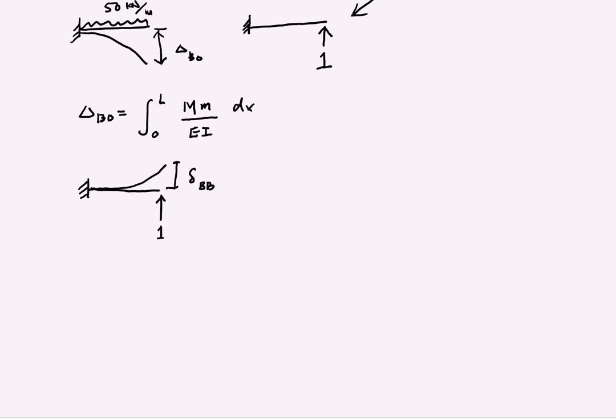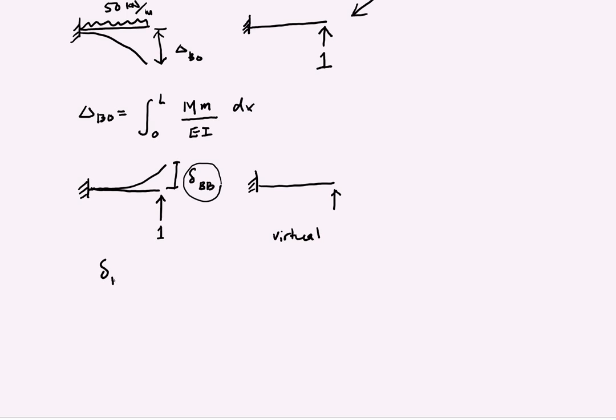So virtual principle says that if we want to find the displacement at B, what we need to do is remove the load and then apply a unit load at point B. Okay, so as you can see, to find small delta BB, our virtual work system is the same as our actual system.